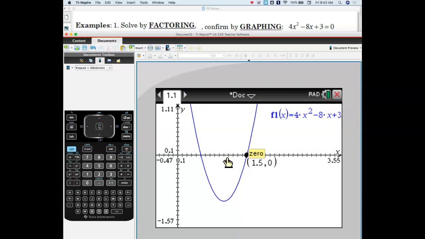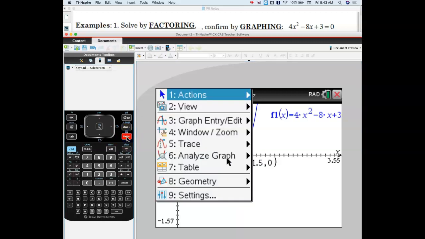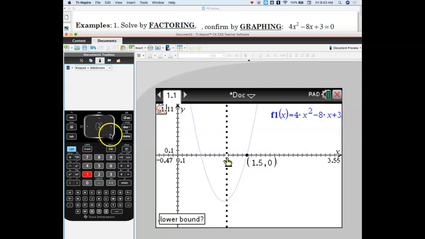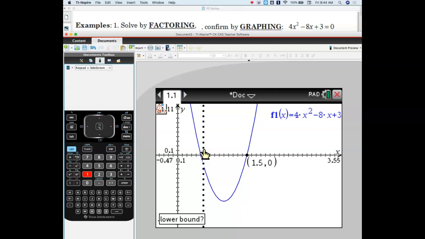Now, going forward, I will also tell you this, that I have seen many times that when people try and analyze the graph and find the zero, they try and get as close to the zero as they can, or as close to the maximum as they can. That's just dumb. Let the calculator be an aid to you. You don't have to be exact with the calculator.